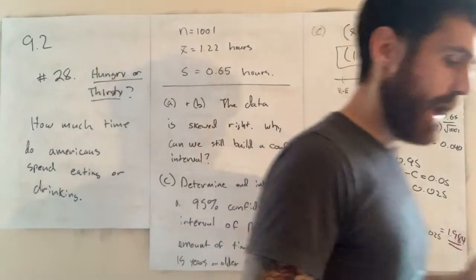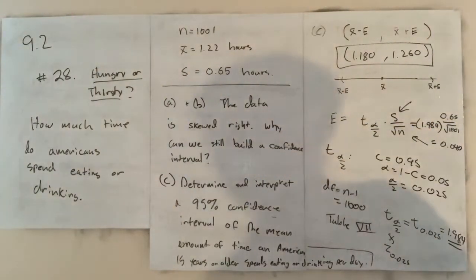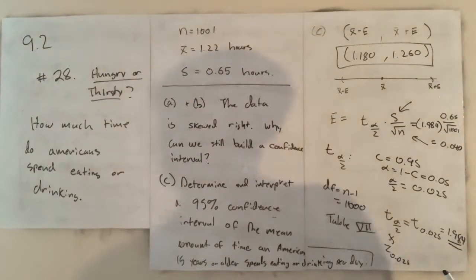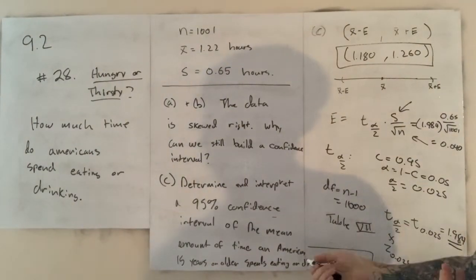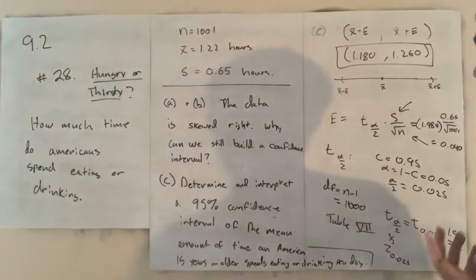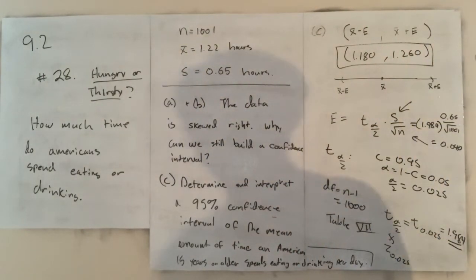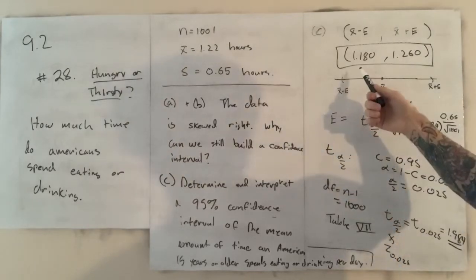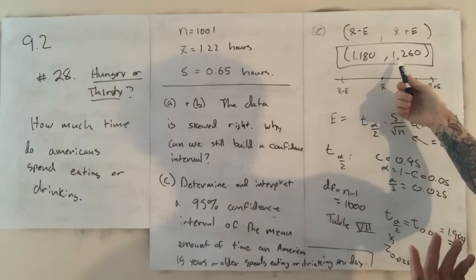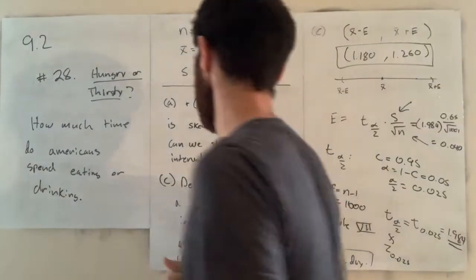Okay, so how do we interpret it? Well, what we say is that we have 95% confidence that the mean amount of time an American that's 15 years or older spends eating or drinking per day is going to be about 1.18 hours to 1.26 hours.